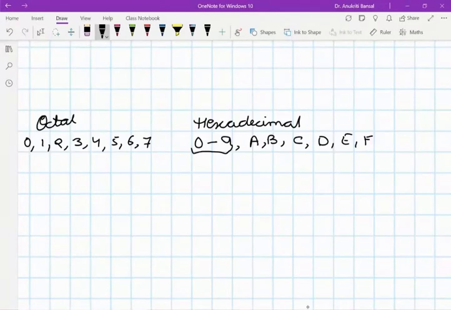Then 10 will be represented by A, 11 will be represented by B, and so on. 16 will be represented by F. For other numbers, we will use combinations of these different digits.